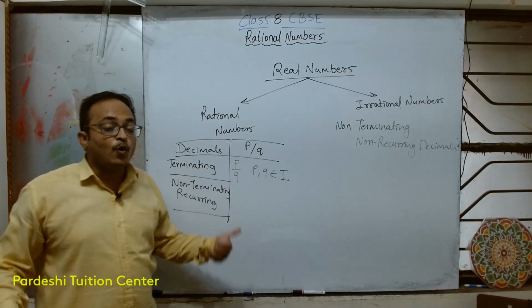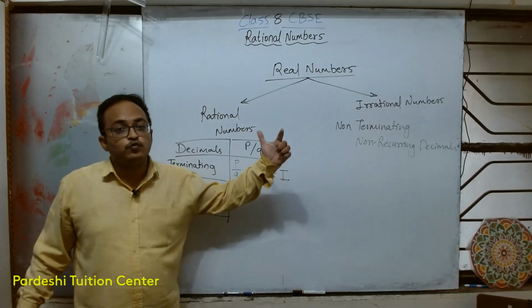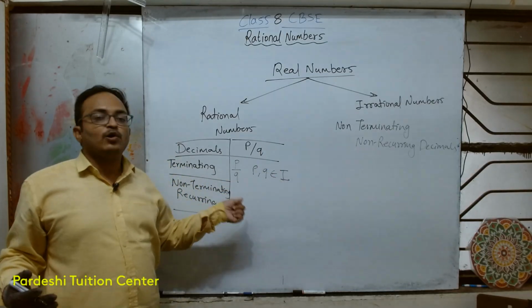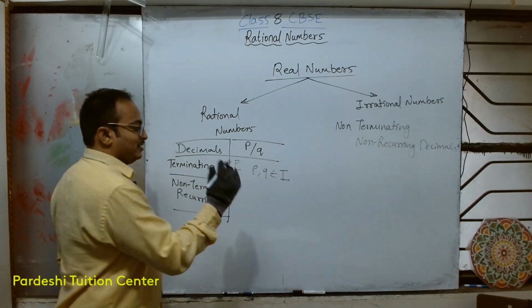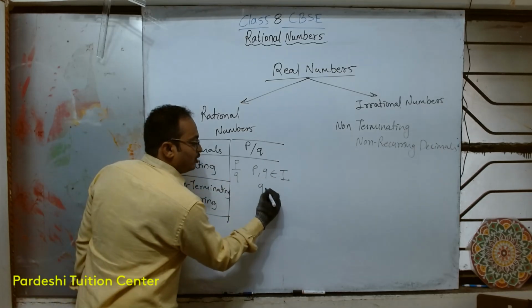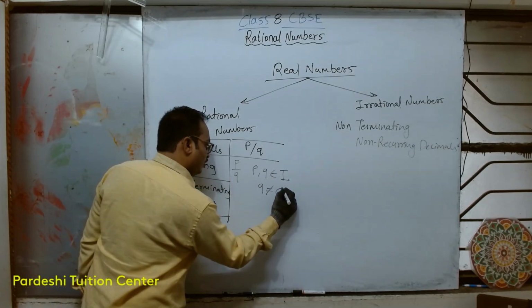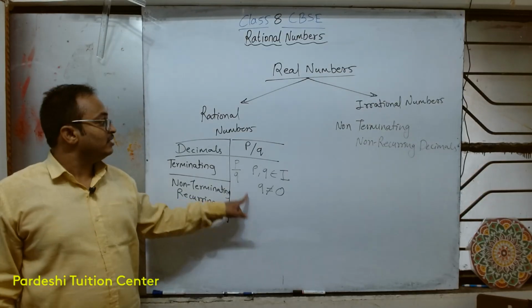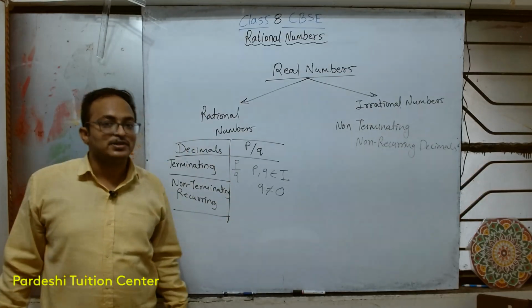It can be 0, 1, 2, 3, 4, 5, minus 1, minus 2, minus 3, minus 4, minus 5. So p and q belong to any integer. But here q never equals 0. This is the simple definition of rational numbers.